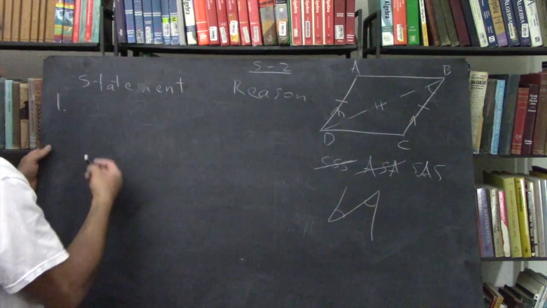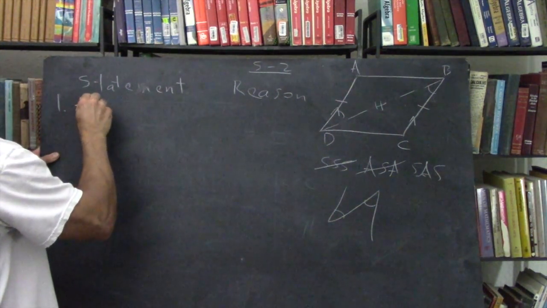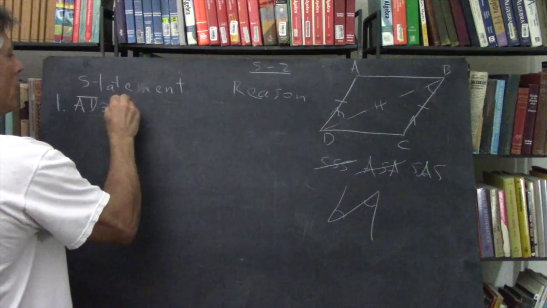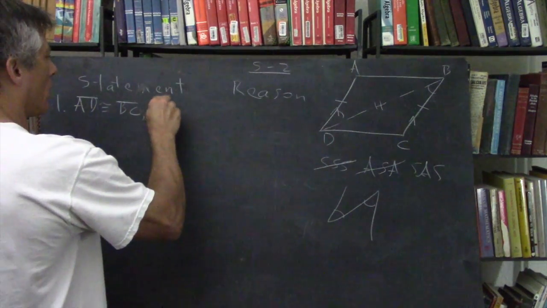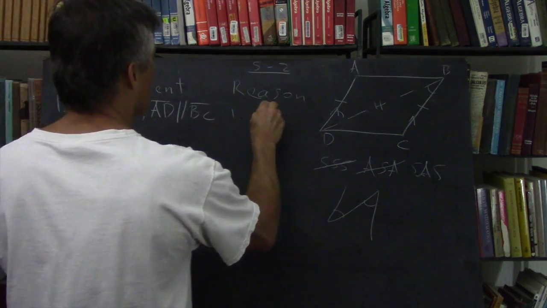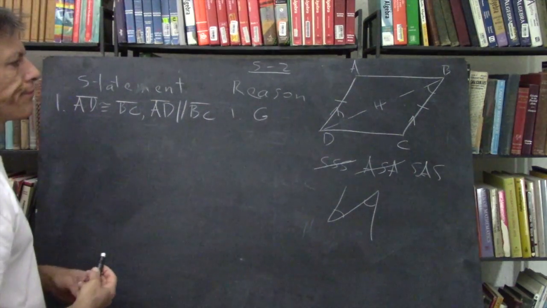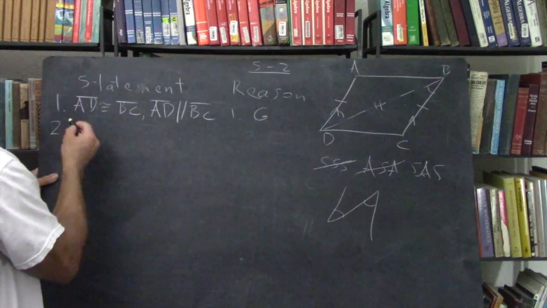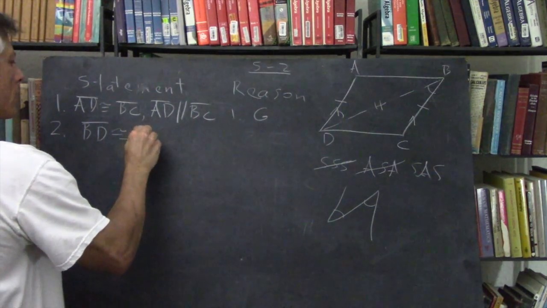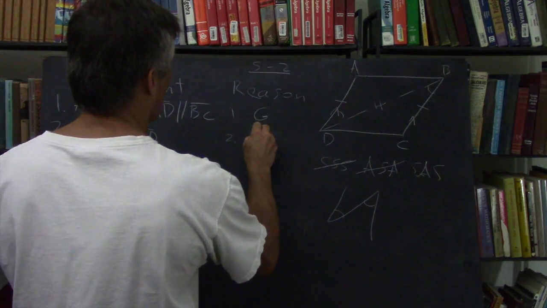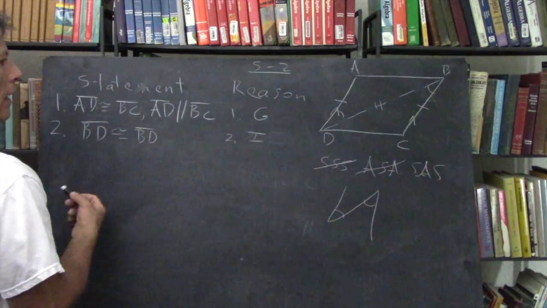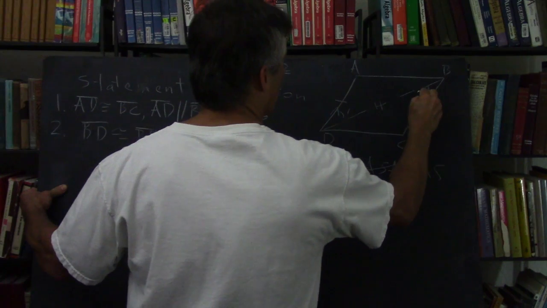So, first of all, we're given AD congruent to BC and AD parallel to BC. That's given. And then we know that BD is congruent to itself. It's identity. And then we've seen that, I'll call them 1 and 2.